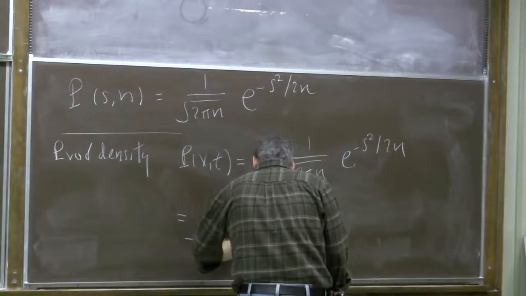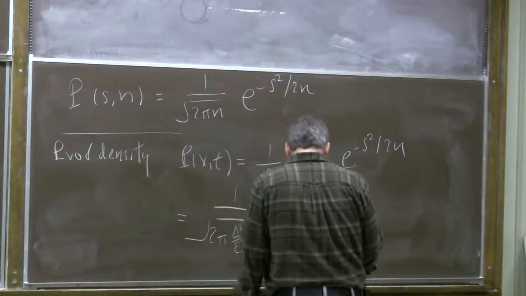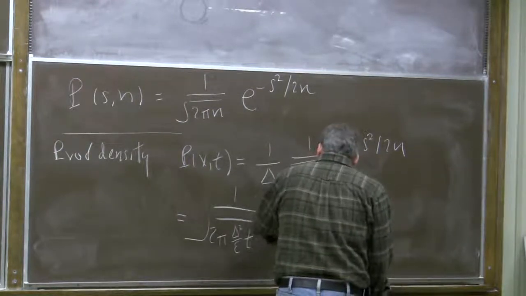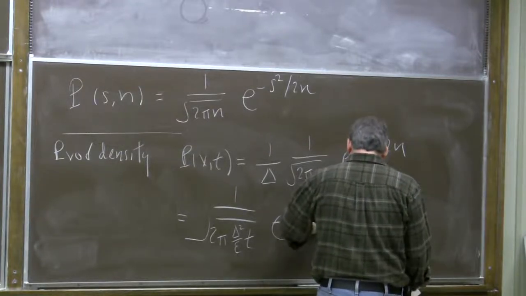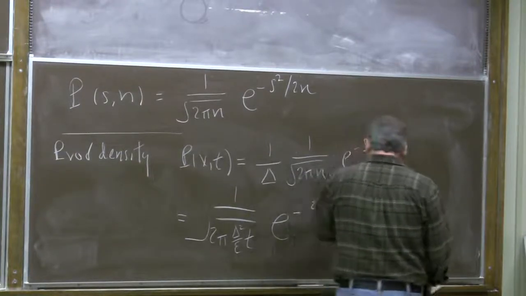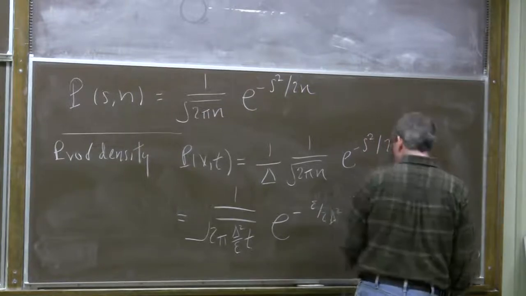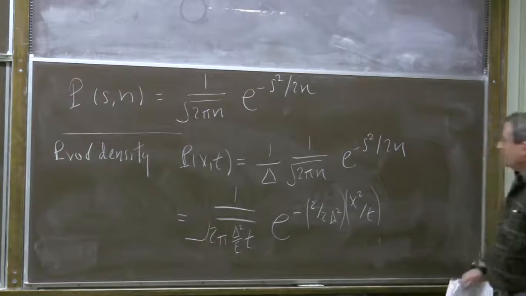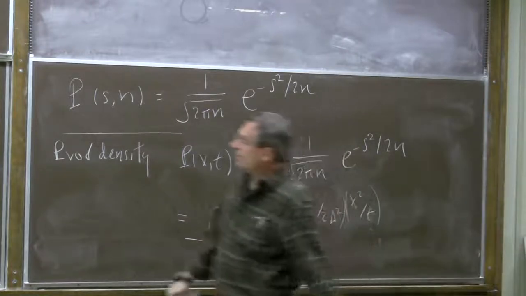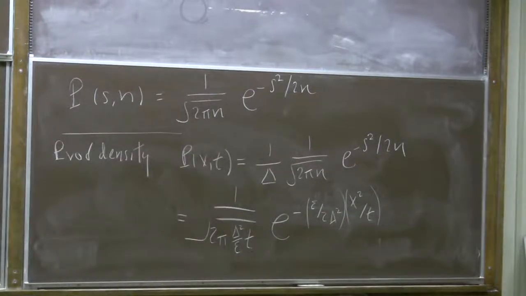So delta squared over epsilon times time, and then in the exponential, I have e to the minus epsilon over 2 delta squared times x squared over t. Again, just writing s as x over delta and n as t over epsilon.